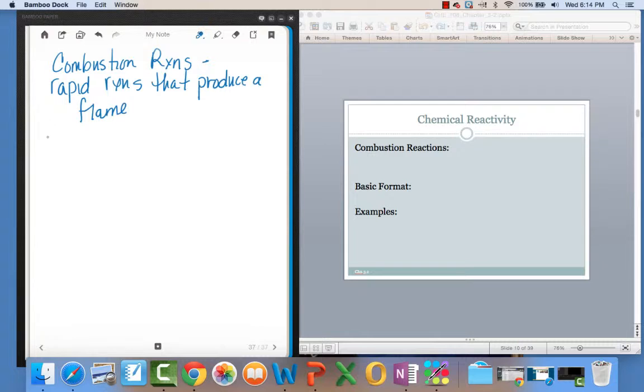They have a basic format, and that format is CHY, some type of hydrocarbon plus oxygen yielding CO2 and water.